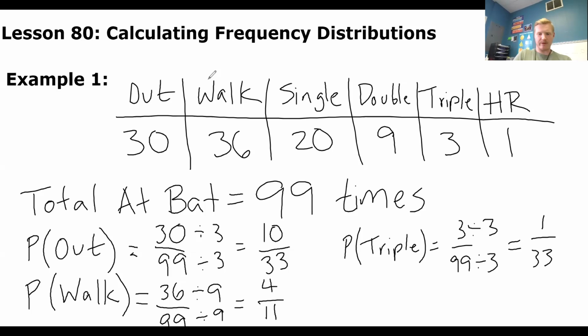And then the probability of a home run was very low. So that's what my HR stands for, short for home run. So probability of a home run, 1 out of 99. Okay, not too bad, right? So that's how you get the probability. Okay, so that's how you write it out.